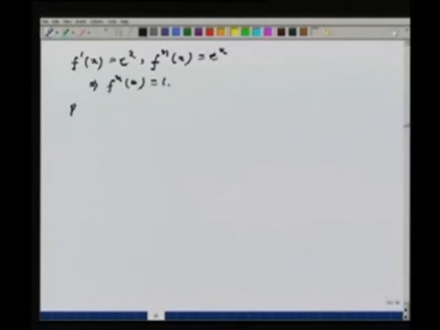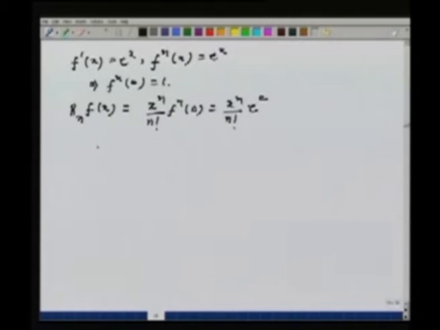Then what is my Rn fx? This is then x to the power n by factorial n into fn at c, that is x to the power n by factorial n into e to the power c.